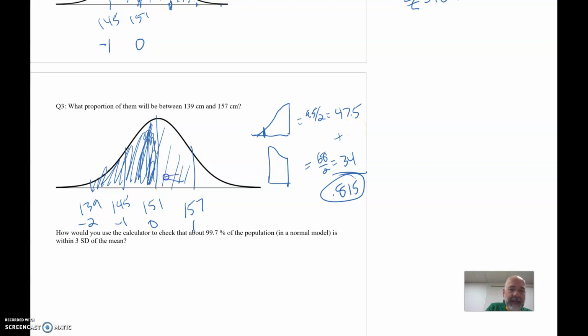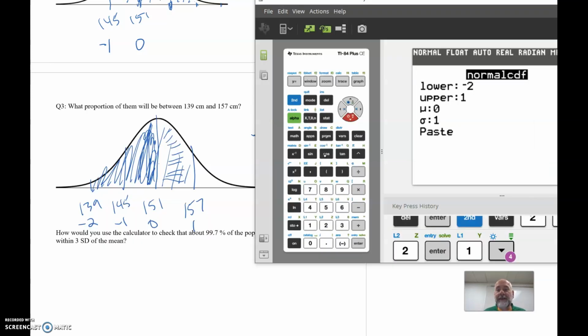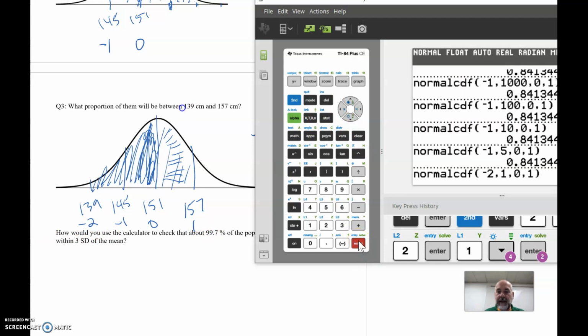And then there's a little extra at the end here that I could get using that 68 over 2 that we did earlier, and that's 34%. And so altogether, it's 81.5%, or 0.815 as a proportion. I can go to my calculator and say the lower is -2 and the upper is 1. And then I can hit paste and enter.